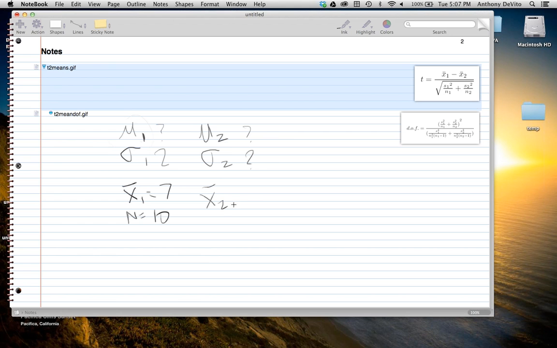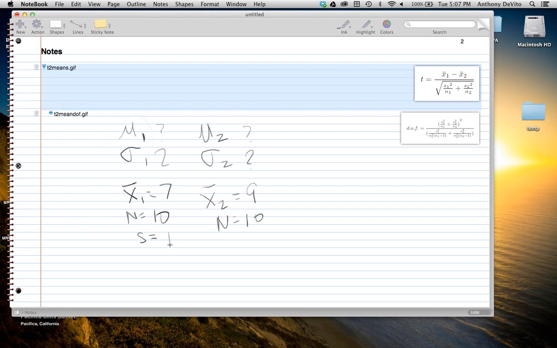X bar 2 comes out to be 9, and let's say that sample size is also 10. Doesn't really matter. The standard deviation of this sample happens to be 1, and the standard deviation of this sample happens to be 2.